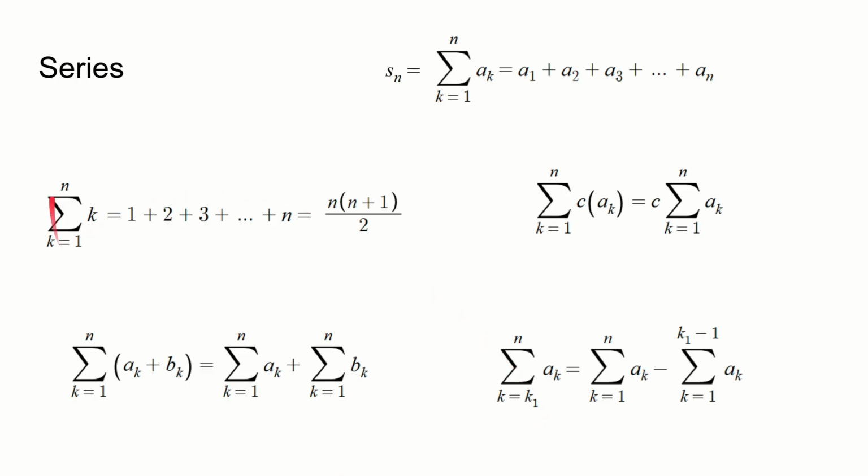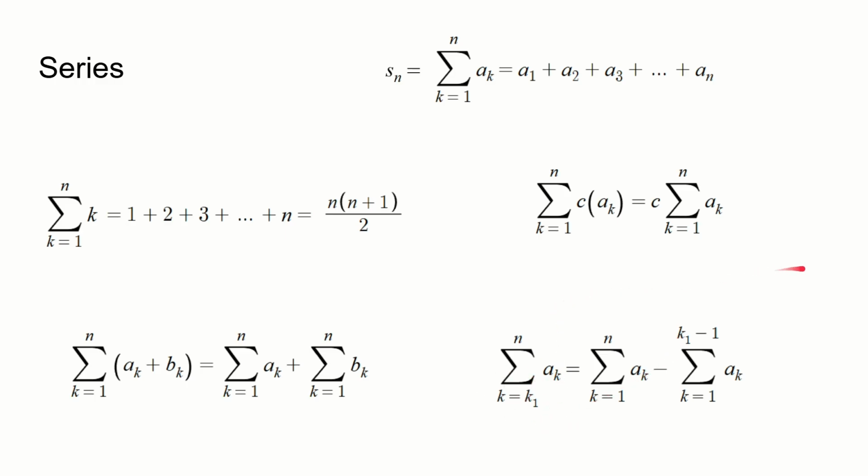So let's say we want this formula, this sum, but we wanted to start from 4. We would look at the whole thing, including the 1, 2, and 3, and add it all up to whichever n value we wanted. And then we would subtract the sum of 1 plus 2 plus 3. So we could just subtract the smaller sum to get this sum that's been moved up a certain amount of k.